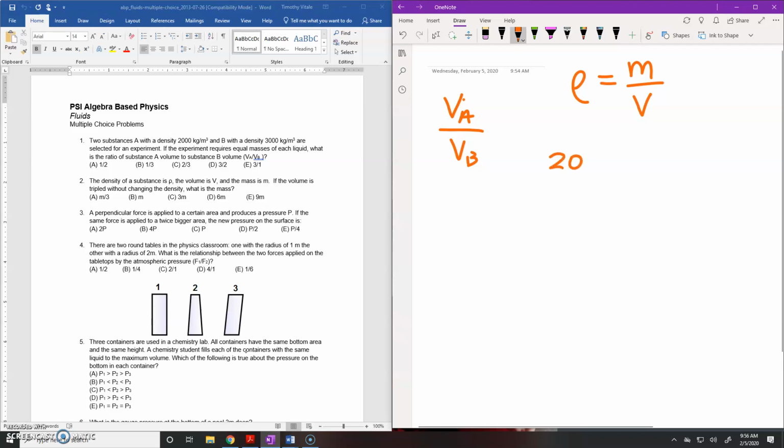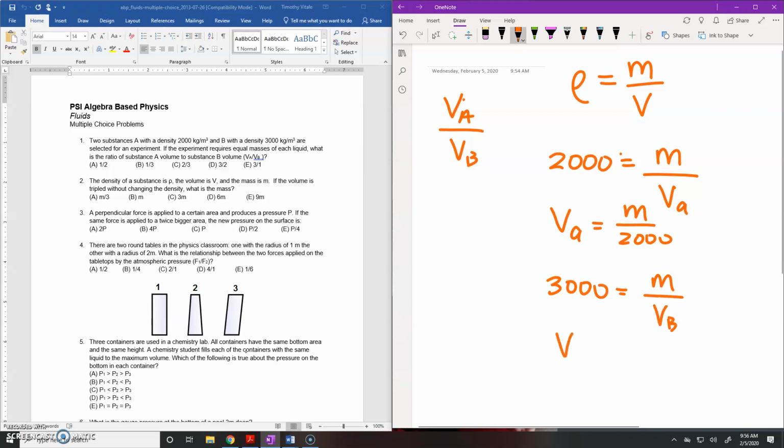So for substance A, it's 2000, and then the mass we don't know, but we'll just call it M, and we're looking for VA. So if I rewrite this equation for VA, I get VA is equal to M over 2000. And if I do the whole thing with VB, it's 3000 equals M over VB.